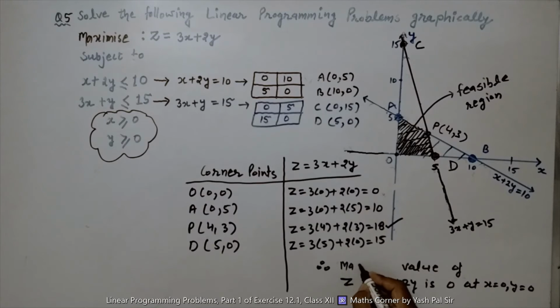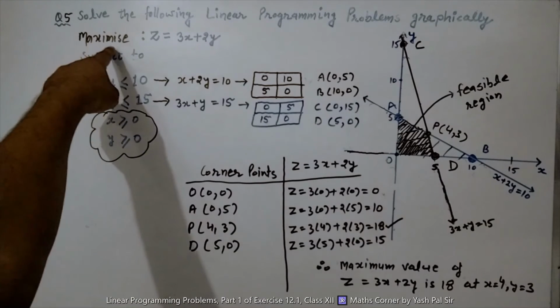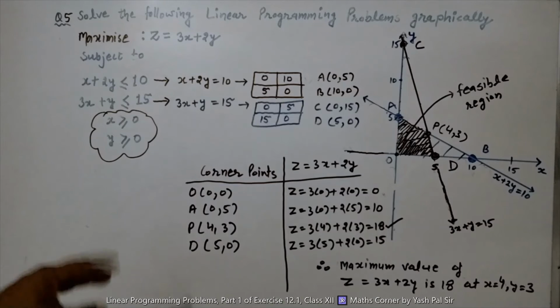So we write here: maximum value of z is 18 at x is 4 and y is 3.